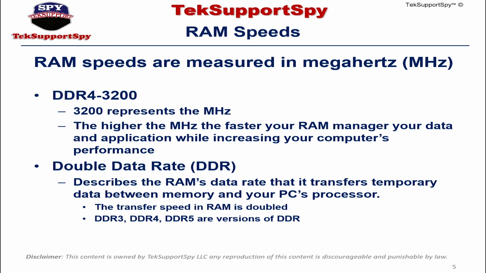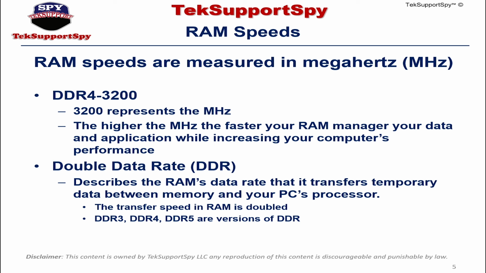And double data means that the rate that the data is being processed in megahertz is being doubled. And you'll see how that comes into play when we get into how you can find what RAM sticks you need for your computer.